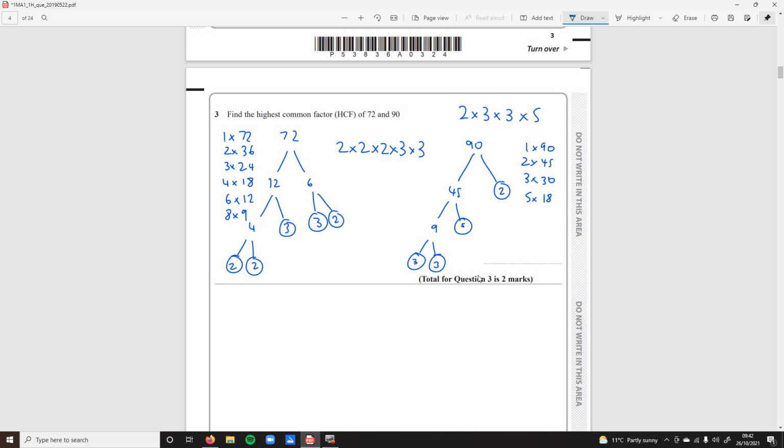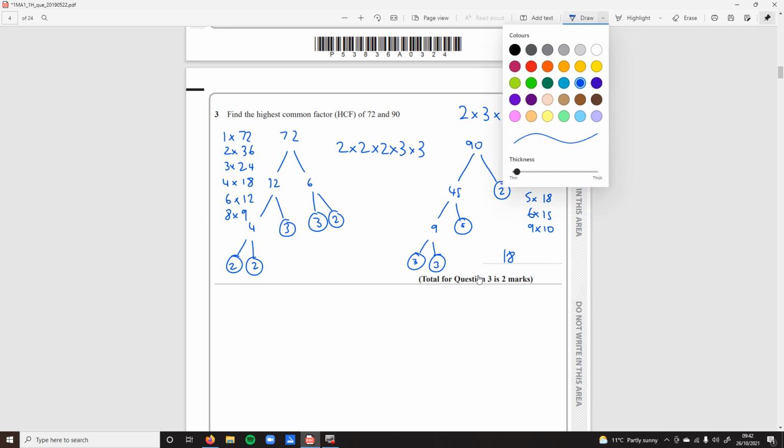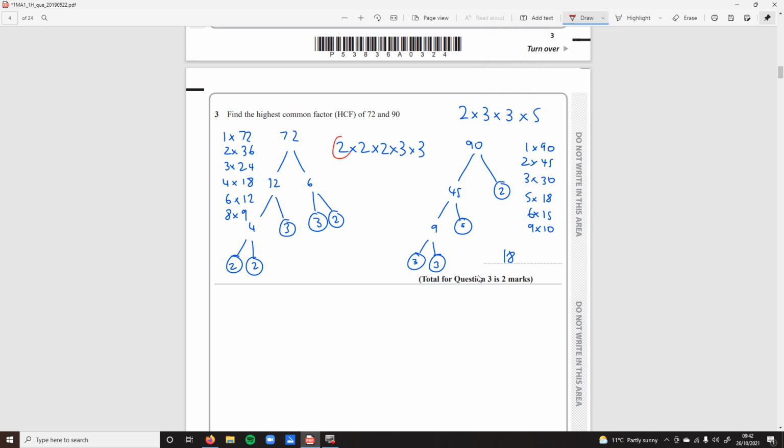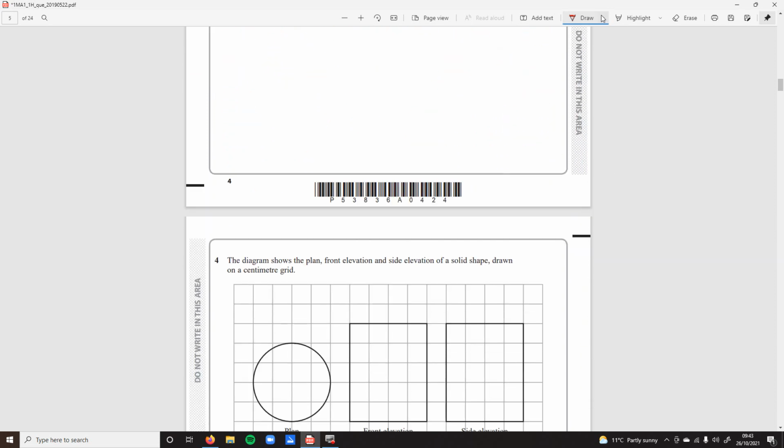Can you do 6 times? Oh, you can. 6 times 15. Can't do 7 times, can't do 8 times, 9 times 10. So the highest common factor there is 18. But to work that out with your prime factorizations, you can see 2's in both, 3's in both, and 3's in both. So 2 times 3 times 3 is 18. You can do it like that as well.